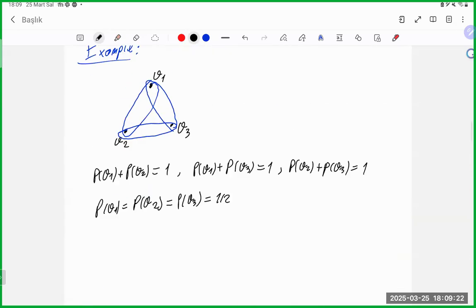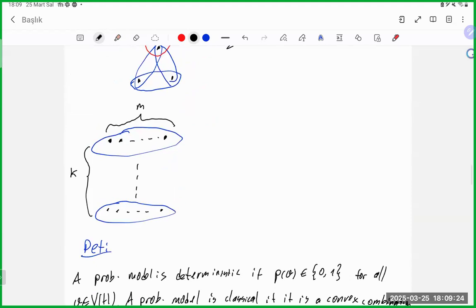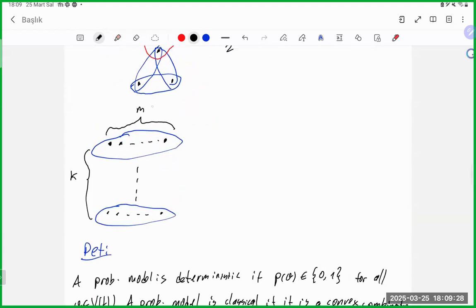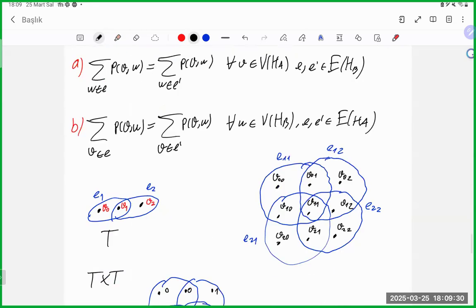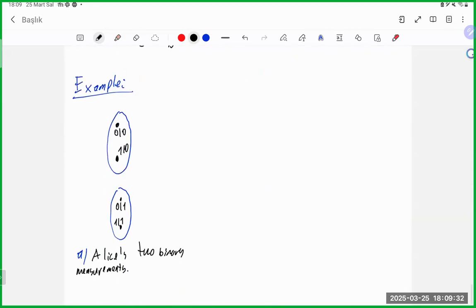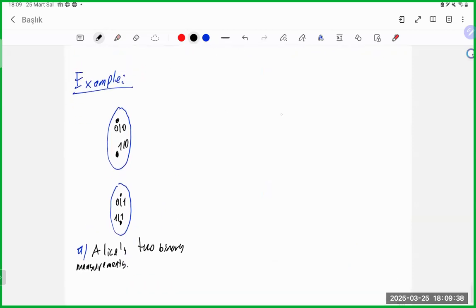So when I define a Bell scenario for one party, it is m equals k equals 2 for Alice. There are two measurements, and each measurement has only two outcomes. The same applies for Bob.